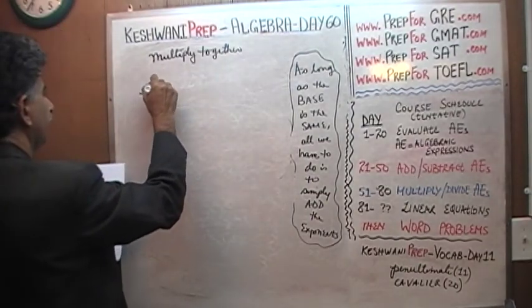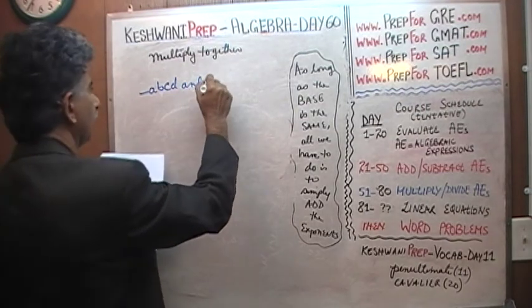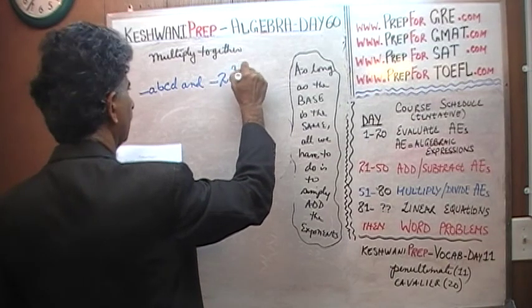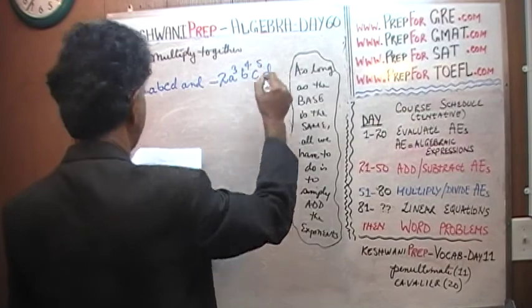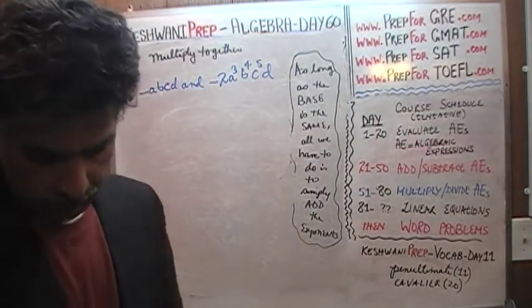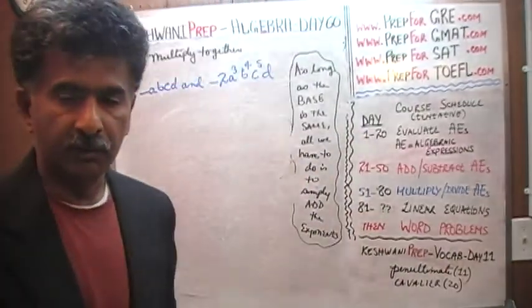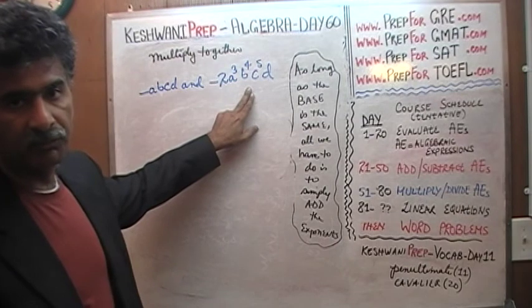negative a times b times c times d and negative 2 a cubed b to the 4th c to the 5th and d. Let's do it together, shall we? This is simple and straightforward, because both expressions have just one term.